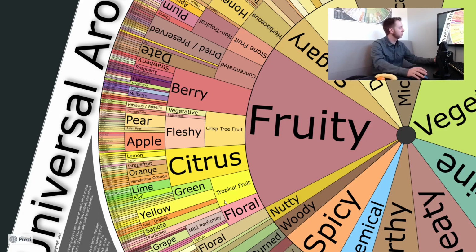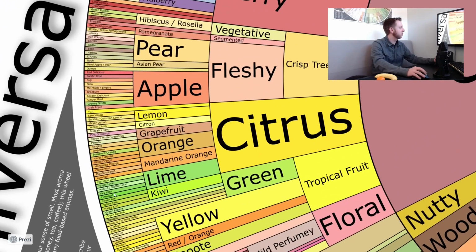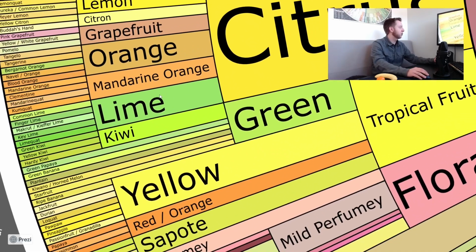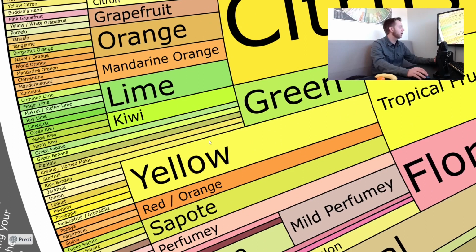If we look more specifically into some of these categories, like citrus for example, we can see all of the citrus fruits in relative alignment. And then going into tropical, we can see things like kiwi, and then these are actually split into colors only because this is a generalized statement.